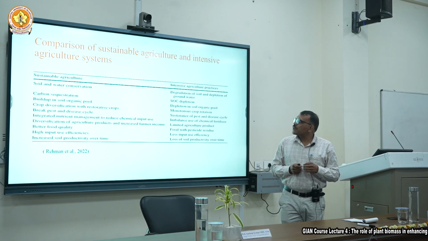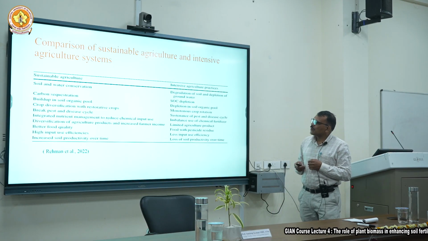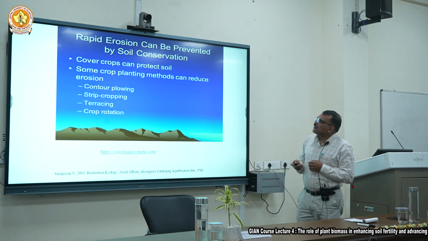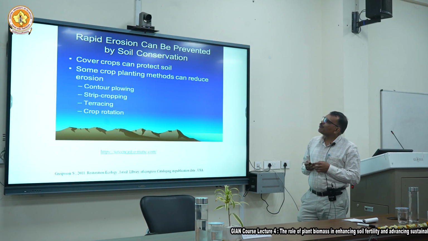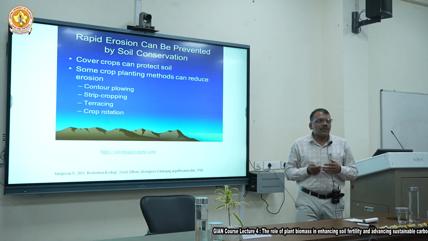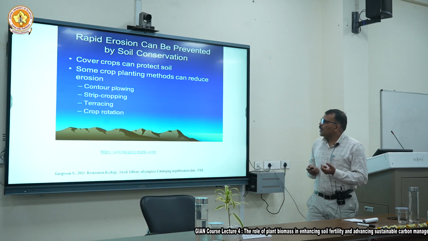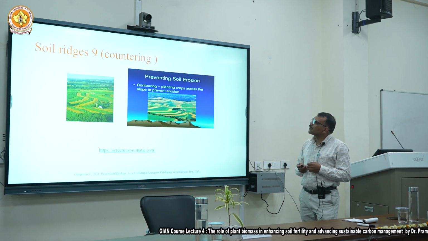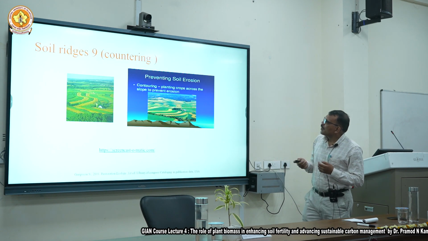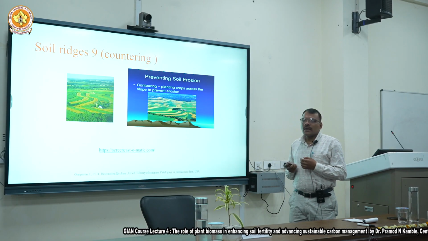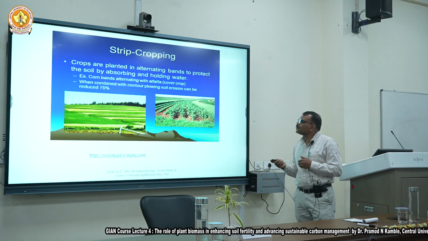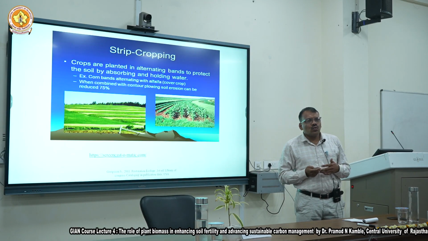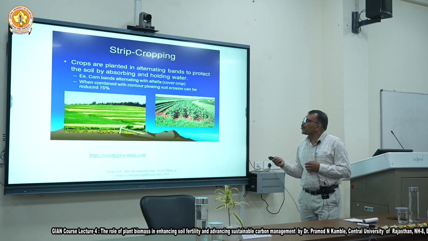In comparison of sustainable agriculture and intensive agriculture, as I already mentioned, these are some of the measures one could implement in order to maintain soil structure: soil ridges, and planting crops across the slope to prevent erosion. It is a normal mechanism. Alternate cropping will also help to conserve soil very significantly.